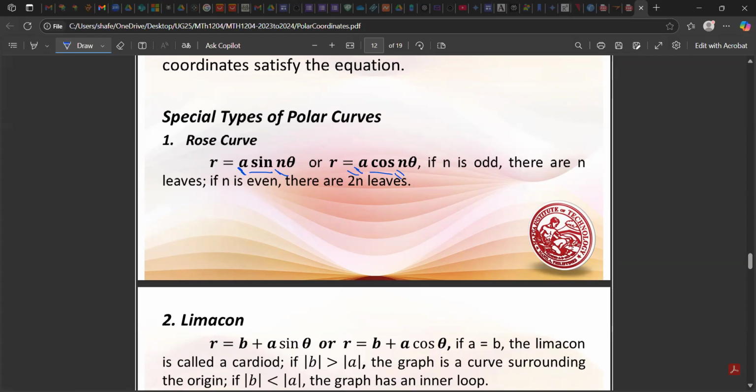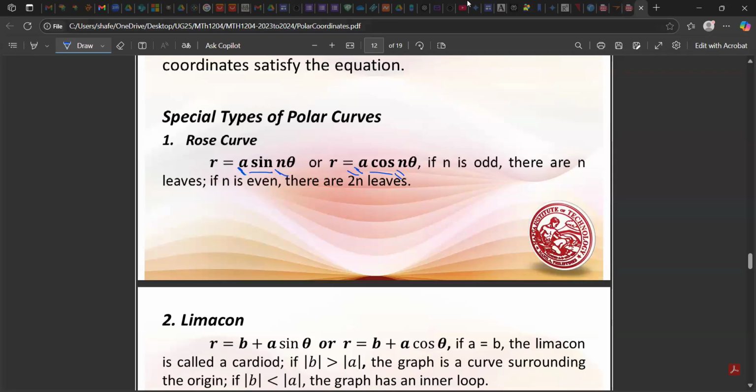I just want to share this little bit. I think I need to go into Desmos. Give me one second. I just want to show you something that you might need to change. R equals A sine N theta. I'm just writing A cos N theta, right?